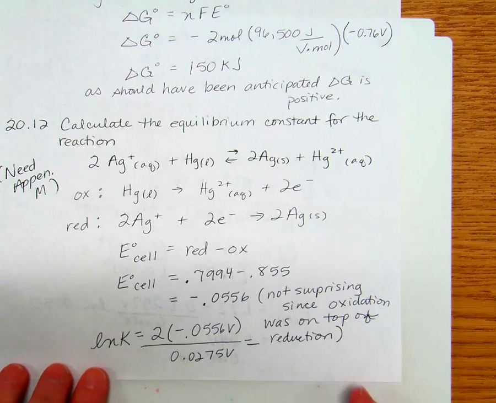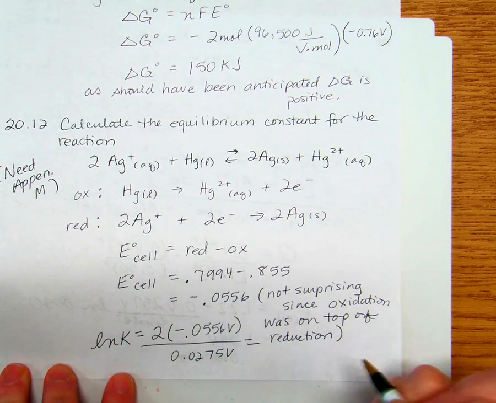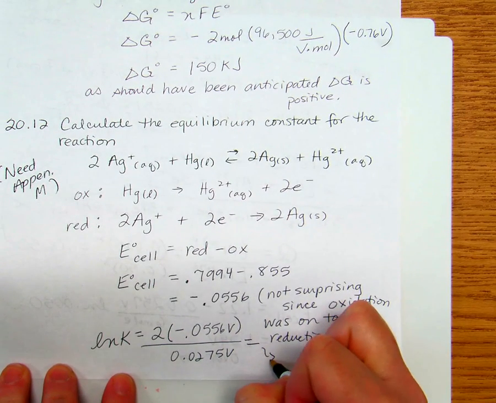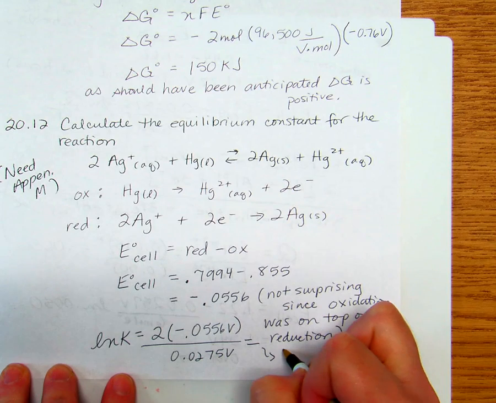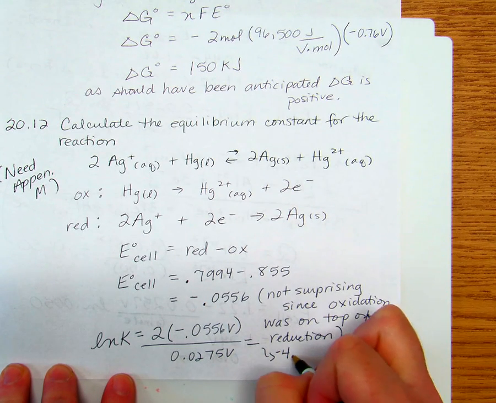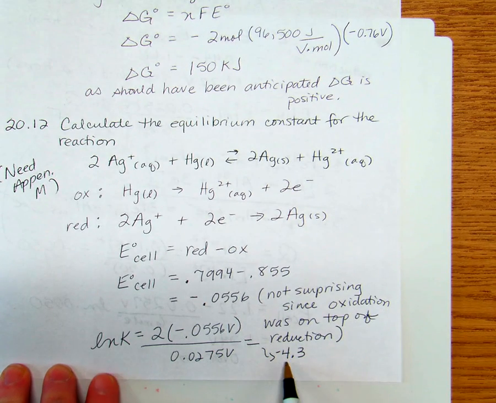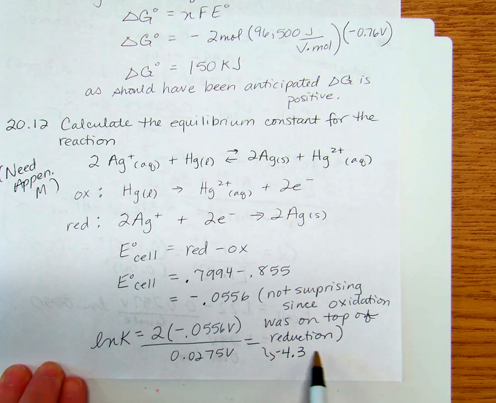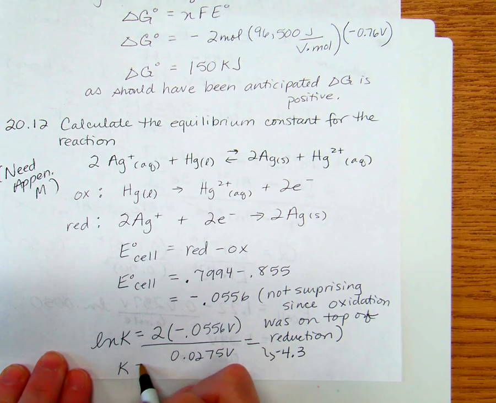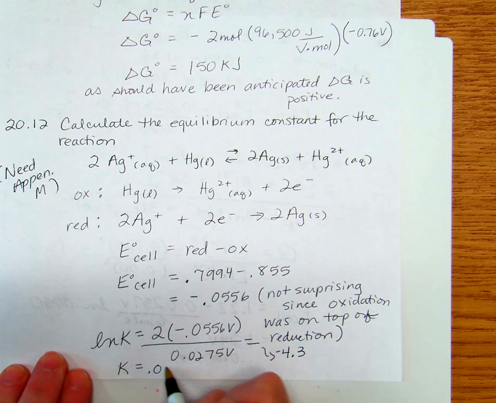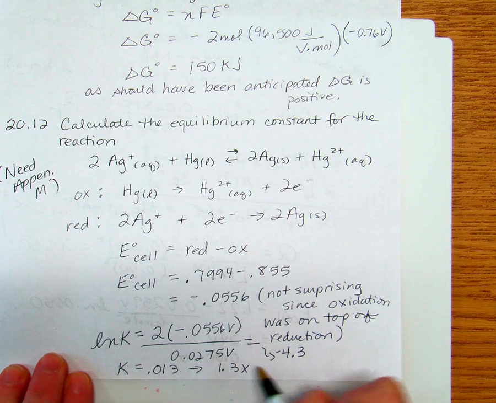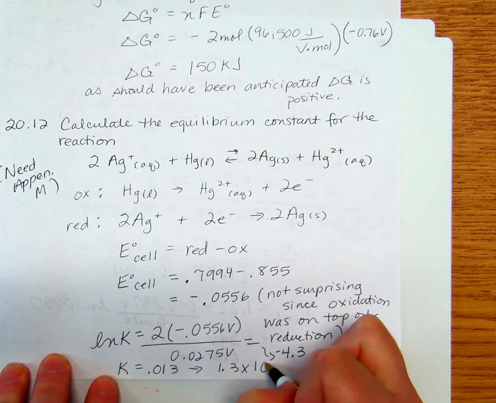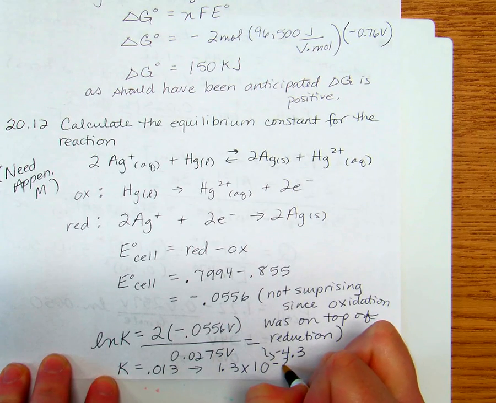I'm going to slide this up so you can get a good look. Our K value is coming out to negative 4.3, or log K, I'm sorry. So K is equal to 0.013, or 1.3 times 10 to the negative 2.